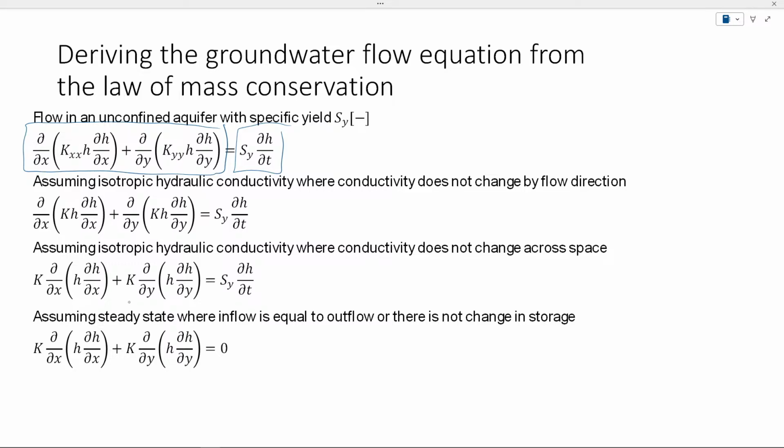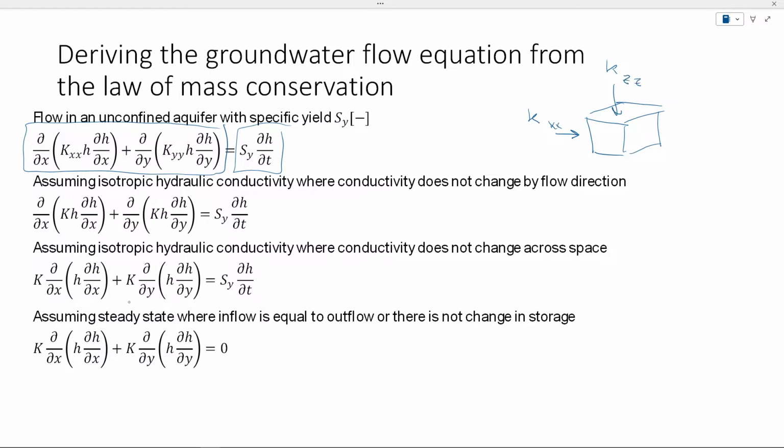Isotropic means that K, see, this is my hydraulic conductivity. Let's say I'm looking at one cell in this model. Kx means that the hydraulic conductivity in this direction is different, and Ky has a different hydraulic conductivity. Here it has one hydraulic conductivity, here it has another. This is Kz, and so on.